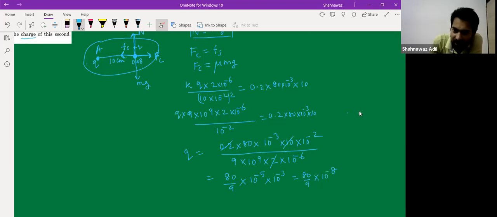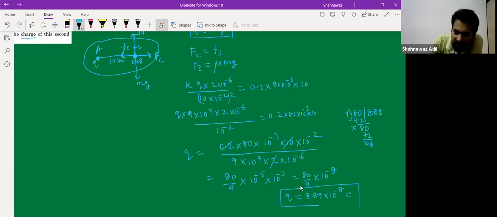So this is approximately 9, I should say, but let us write what it is. So 8.89 into 10 to the power minus 8, and this is Q.